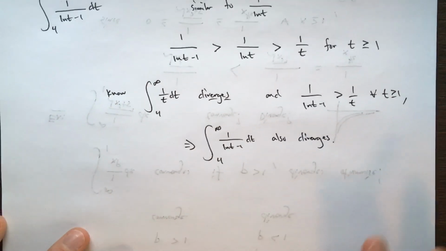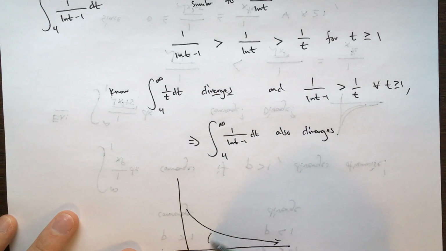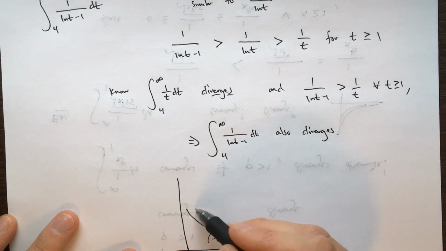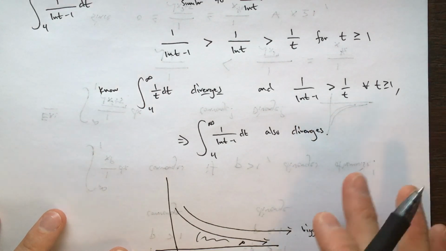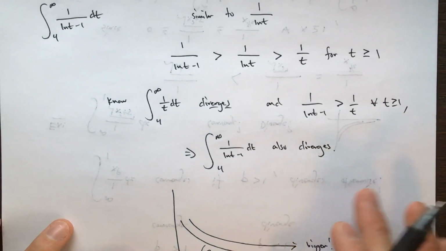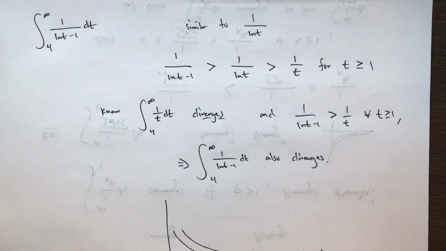So we didn't really talk about this in the beginning, but clearly, if you have something that diverges to infinity and another function that is just bigger, then it will also diverge towards infinity. So this is what we call comparison of improper integrals, and it allows us to analyze some interesting infinite integrals.